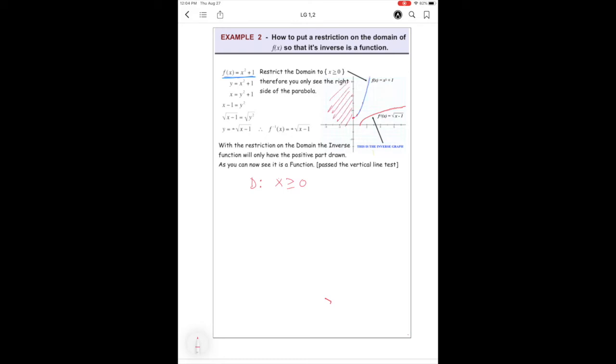It's leaving out all the negative side. So I only get this blue piece. So if I reciprocate it down, I have the answer.